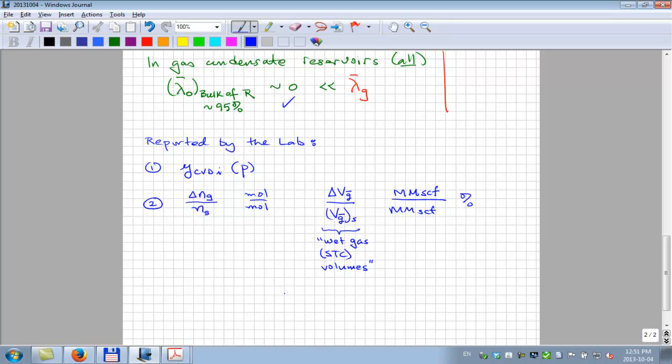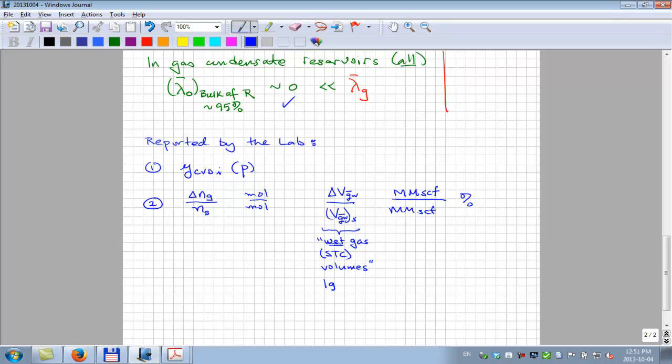Okay, they're wet gas. These are fictitious, what we call wet gas volumes. It ignores the condensate part of production. So I'll go ahead and add the term W here. Wet gas volumes.